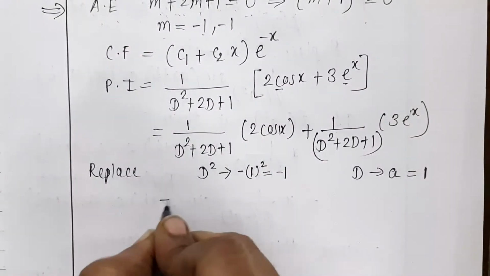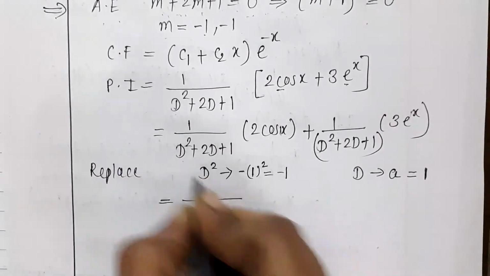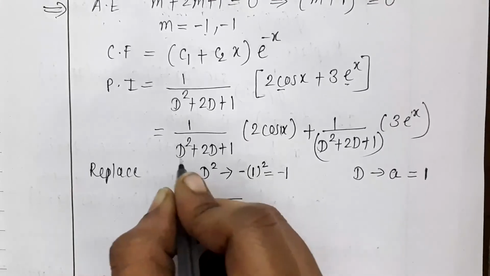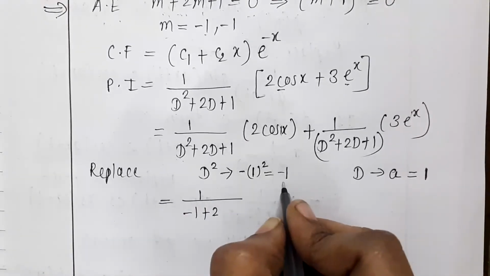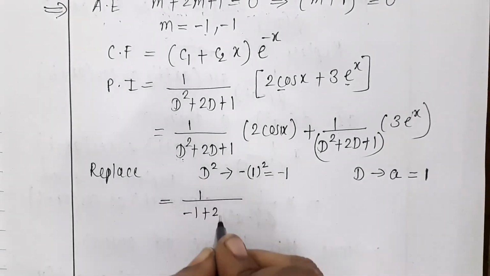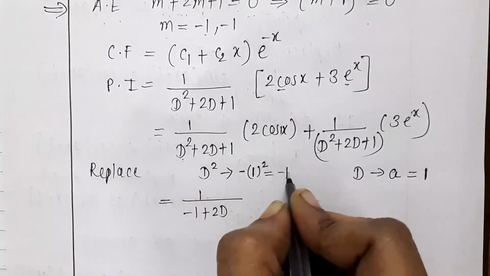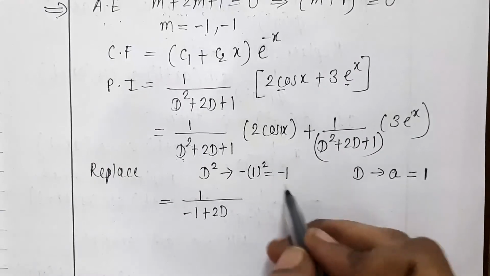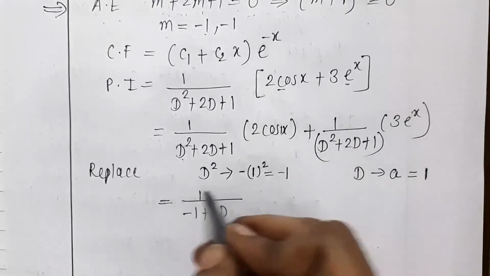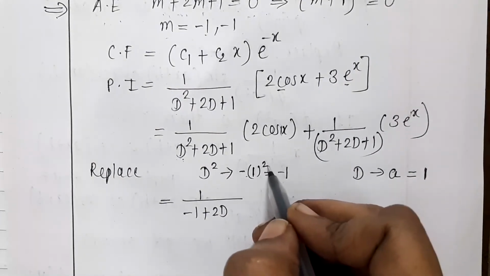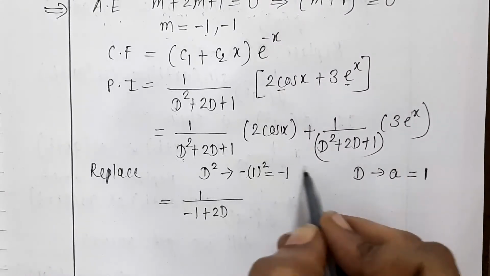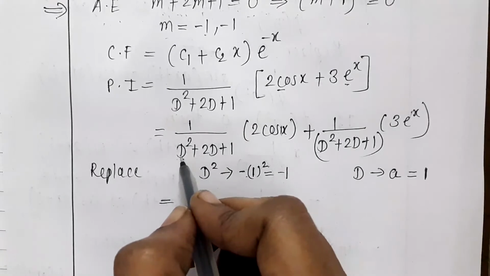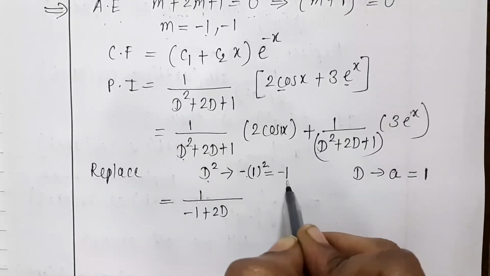Now it is equal to 1 upon D square, that is minus 1, plus 2D. Only in place of D square we substitute minus 1: minus 1 plus 2D. Don't find its square again. This is a big mistake. Minus 1 we obtain by squaring in minus a square, so don't take its square again. It becomes wrong because we are replacing D square by minus 1.